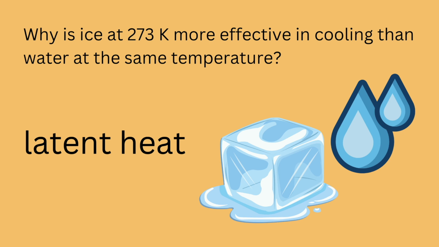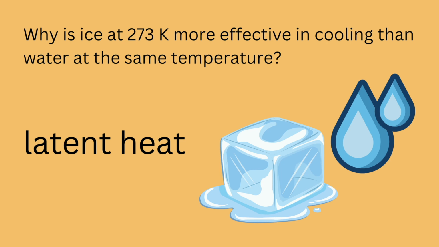Why is ice at 273 Kelvin more effective in cooling faster than water at the same temperature? So ice at 273 Kelvin doesn't have latent heat. If it had latent heat, it would have become water. So it can gain more energy from you, obviously, because it doesn't have latent heat when compared to water at 273 Kelvin, which has latent heat.